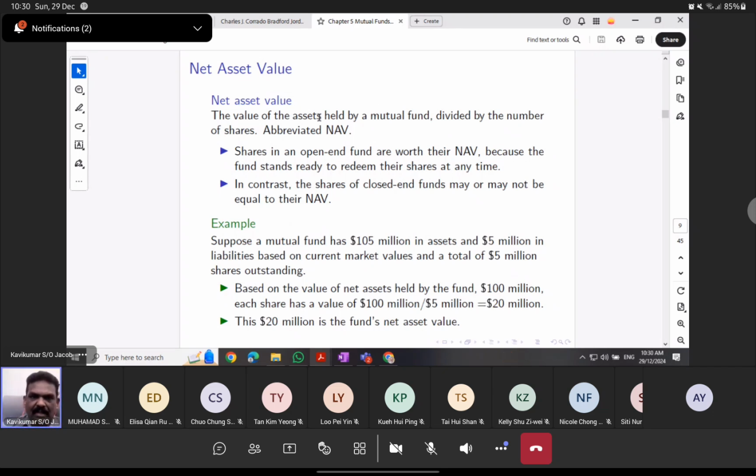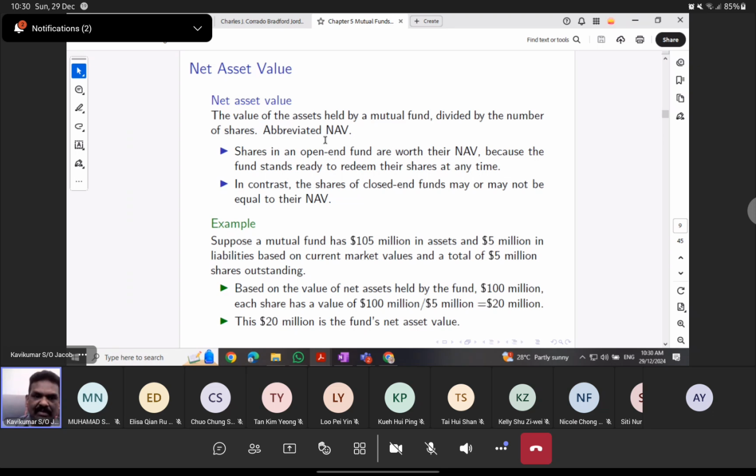If you want to know the value of your asset in the mutual fund, take the value of the mutual fund divided by the number of shares. That we call the value of the asset, or net asset value.